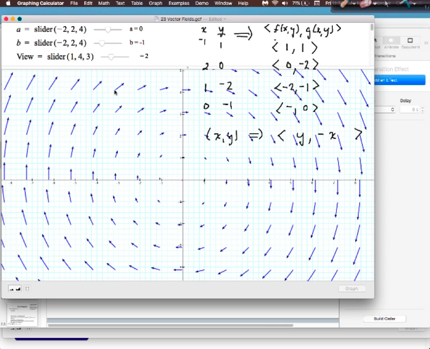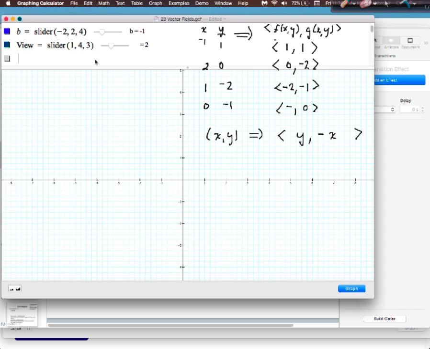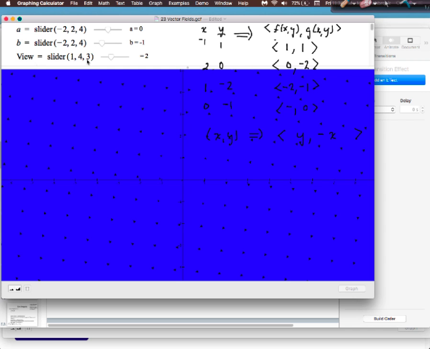So every location has an associated vector, okay? If we showed all the vectors for every location, what would you see? You'd see this, right? That's not helpful.